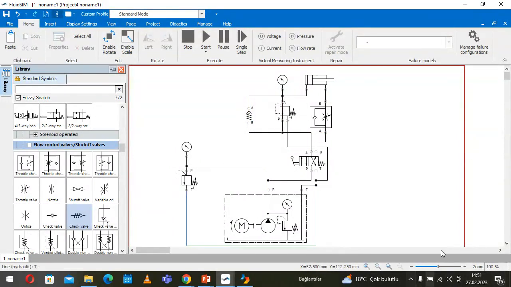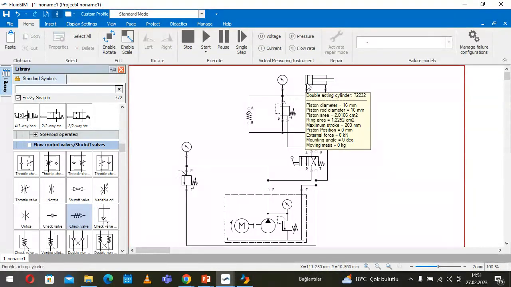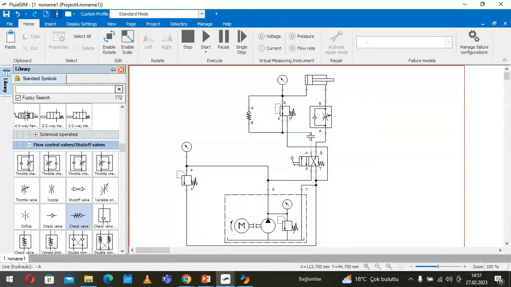So then you see, if oil flows into the backside of the cylinder from here, it cannot flow by this one-way valve or check valve. It is not allowed to flow from B to A, but it is allowed to flow from A to B. This is the reason why we say one-way valve. So like this.